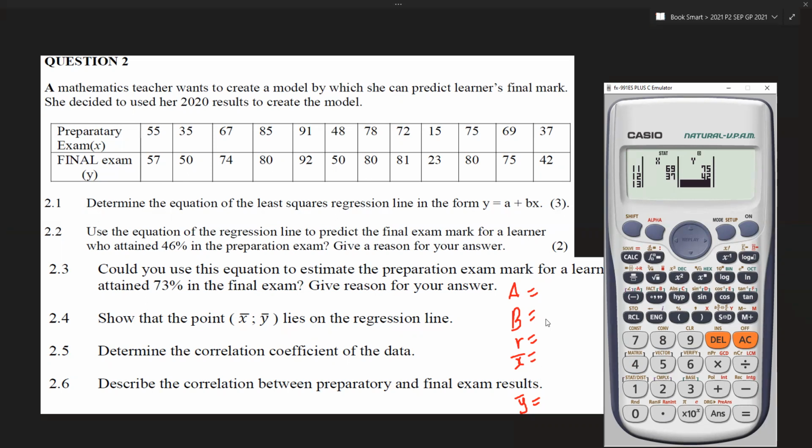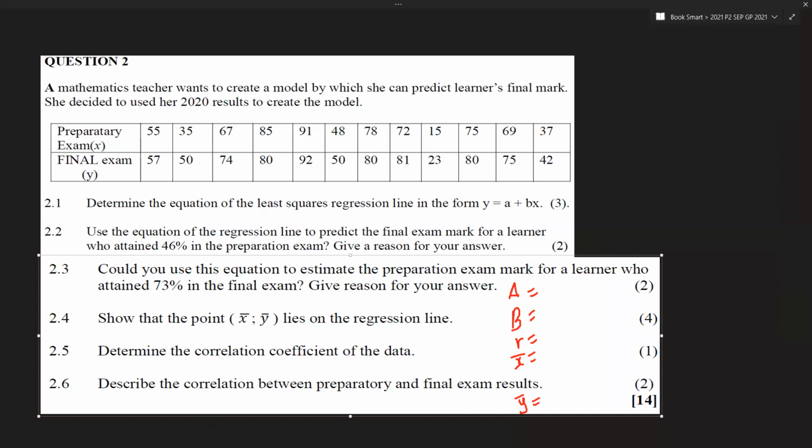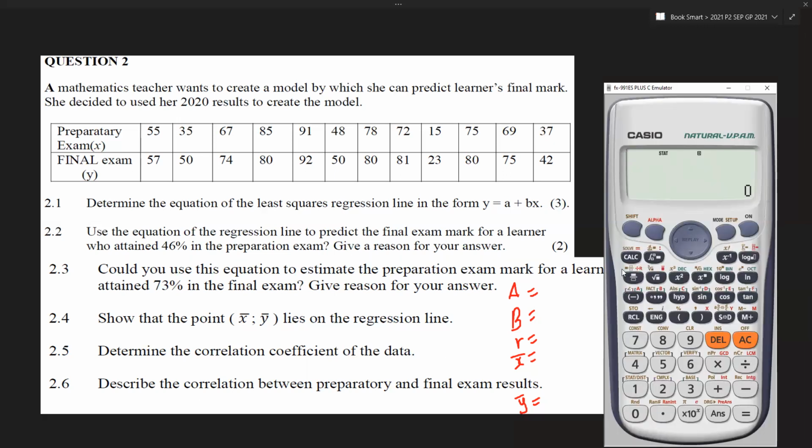Now we can easily get this, né? Just follow me. After you press everything, you're going to press AC. Don't worry, you see that it shows your data is saved in the calculator. So we need this function, stats, but we need to press shift first.